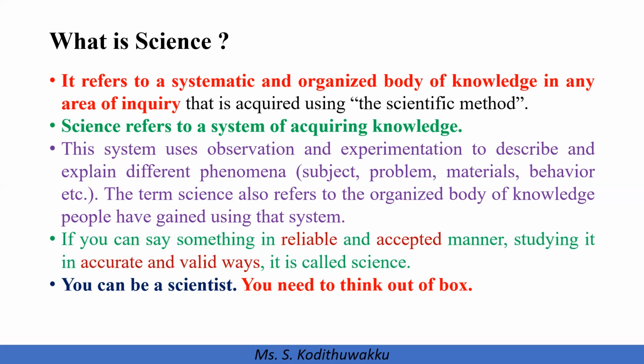So that's the thing. Therefore, science is a continuous process, and a result of a continuous process. Individuals trust the results of the particular process, and then later they accept it as an accurate result, right? Then you can be a scientist, but the problem is you need to think out of the box.